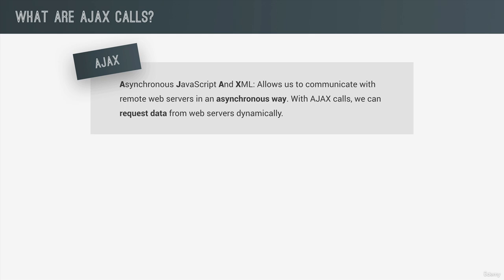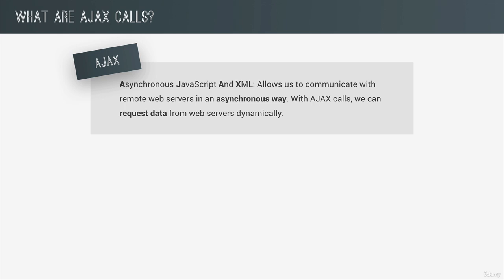For example, right in the next video, we're going to make AJAX calls to request data about countries. And we can then use that data about countries to build a small application that shows us information about the country that we're currently in. And the possibilities and use cases are endless, but more about that in the next slide.